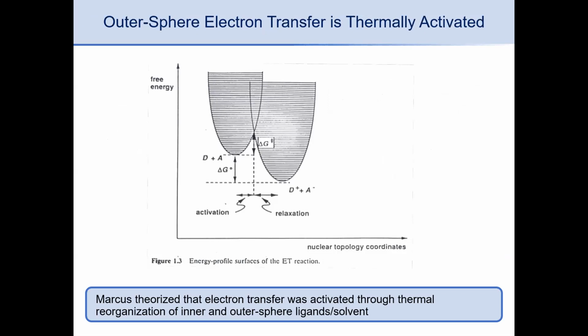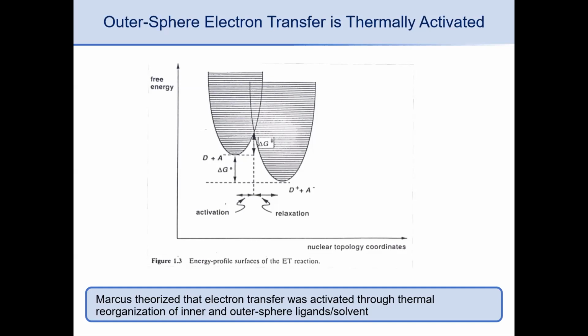This is the way that Marcus thought about inner or outer sphere electron transfers. Essentially, he thought that the activation barrier people were observing came from the thermal activation of a donor-acceptor complex.